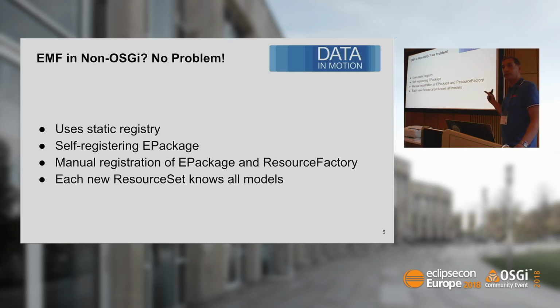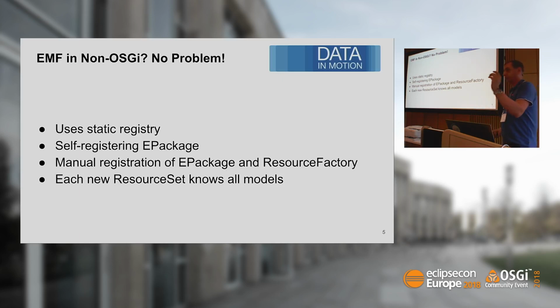In the ordinary Eclipse, if you use it in your Eclipse IDE as a model, then EMF generates extensions for you. You get a plugin.xml in your bundle, which then uses the extension registry to do all the same stuff in a different manner. So if you are in Equinox, then you don't have to do anything.